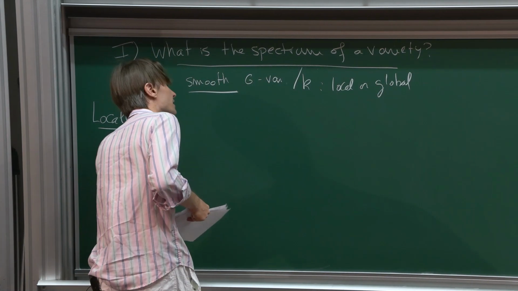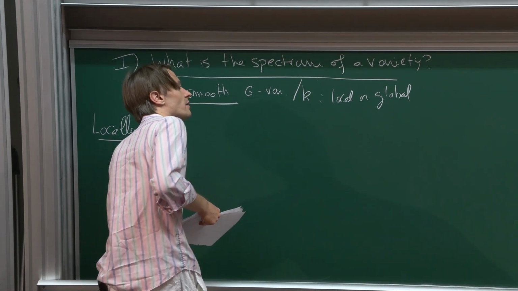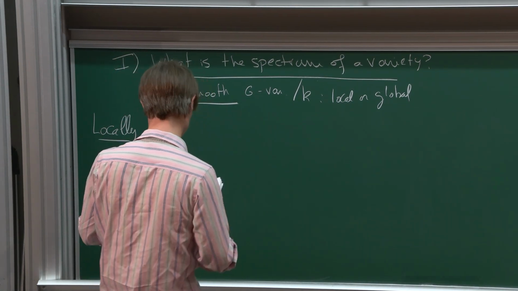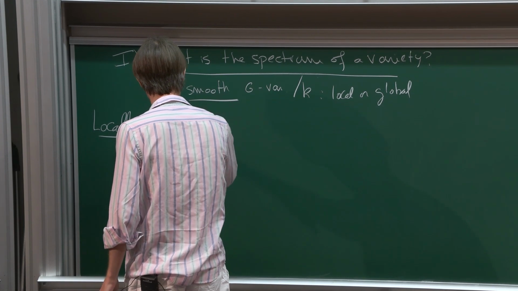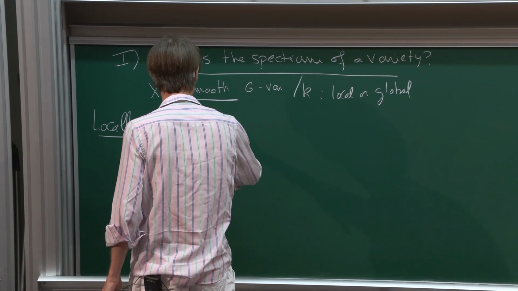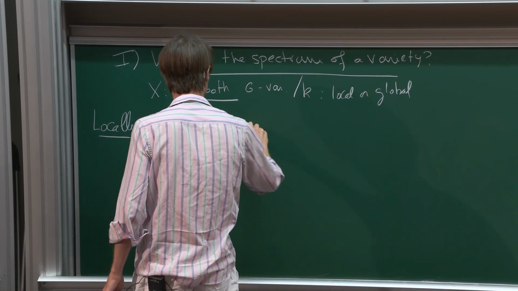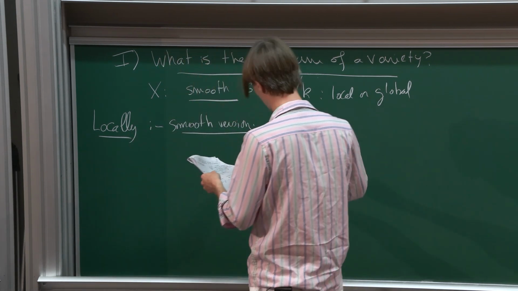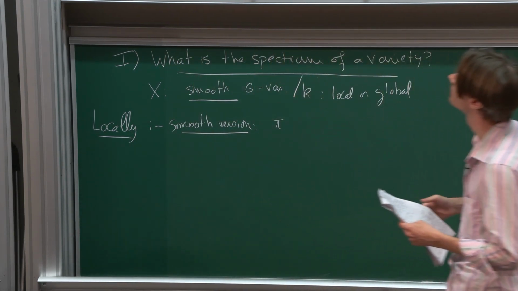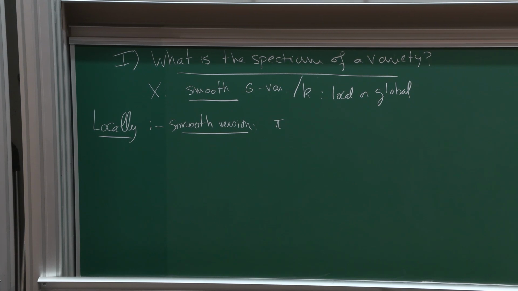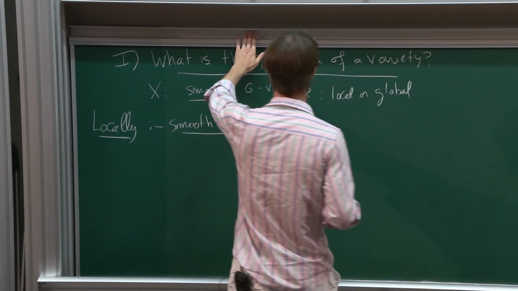And there we at least have two ways to define a spectrum. There is first the smooth version, where this is the notion of distinction, usually called distinction, but now not for a group, but for a variety.